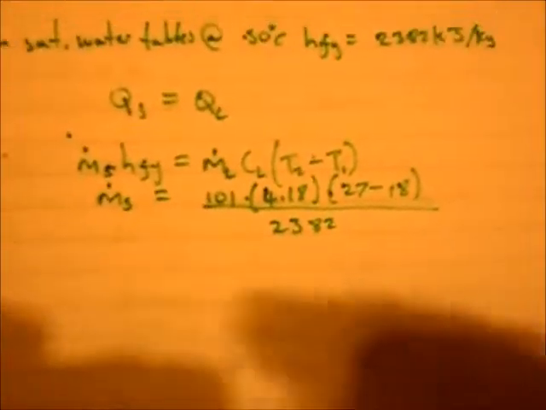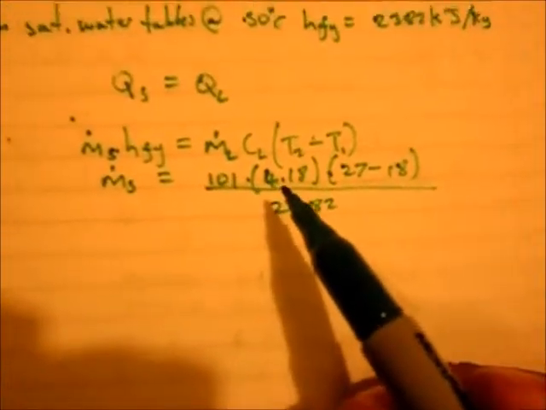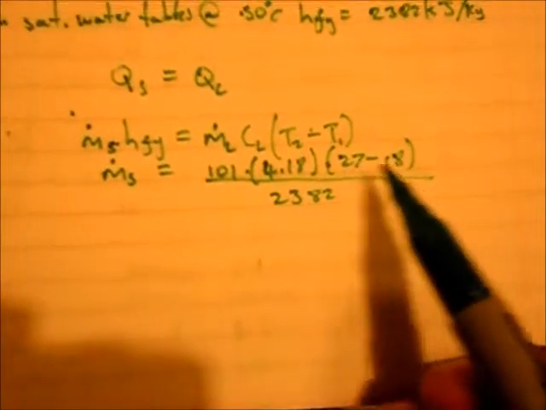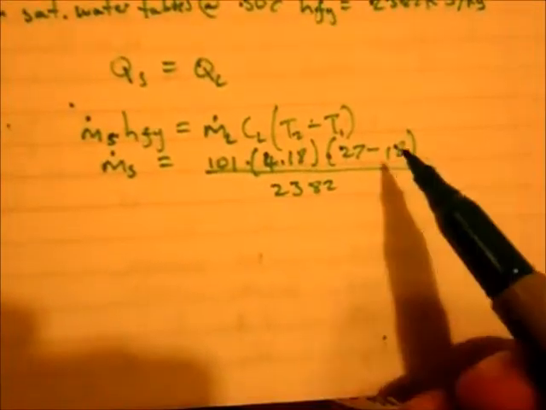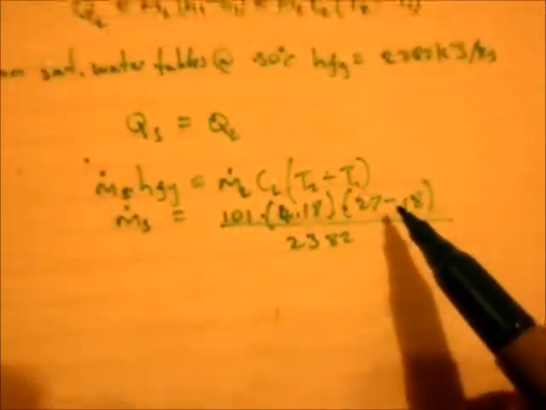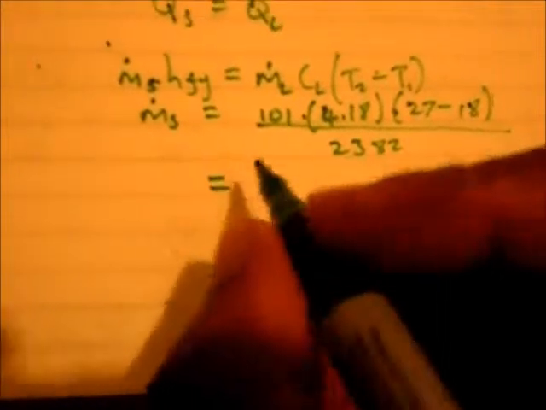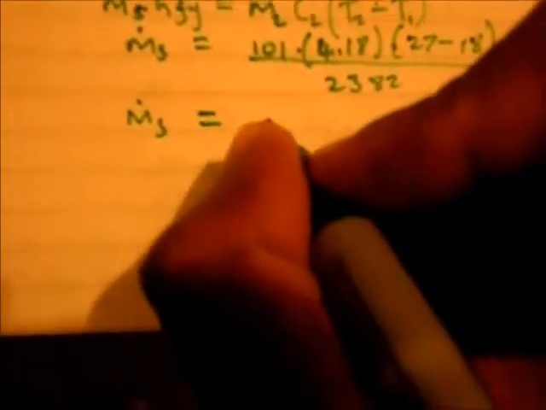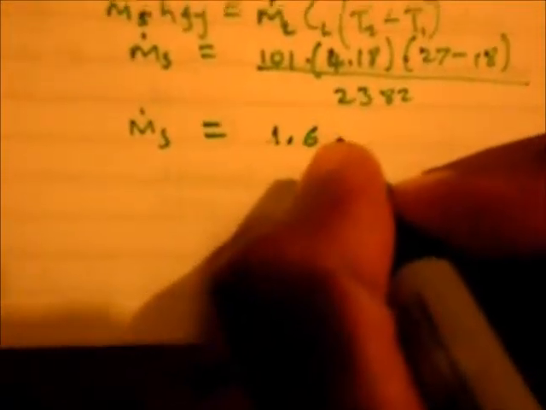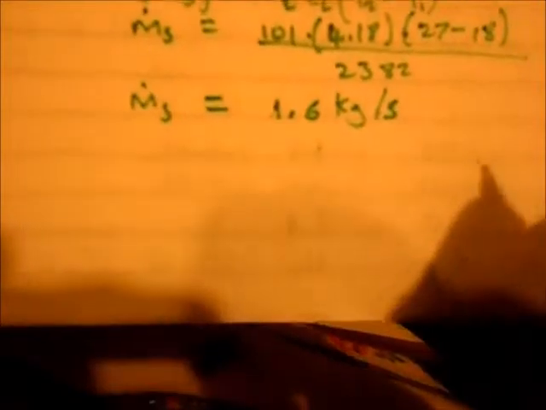As you can see here, the specific heat of water is 4.18, and it doesn't matter if you change from Celsius to Kelvin because the difference is the same. And so when you work this out, you find that m dot S is equal to 1.6 kilograms per second, and that is it.